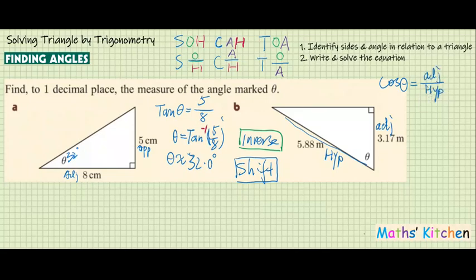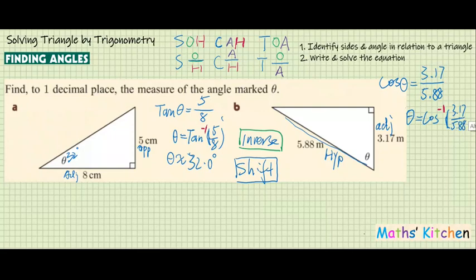In this case, adjacent is 3.17 and the hypotenuse is 5.88. Now we reorganize this equation to make theta equal to cosine minus 1 as its exponent, in the bracket, 3.17 over 5.88, bracket off.